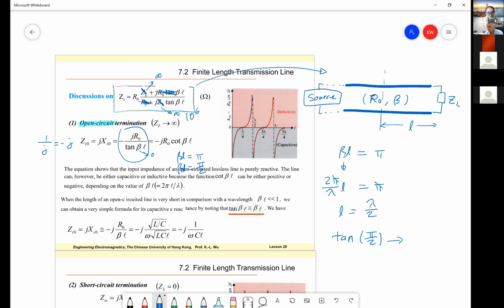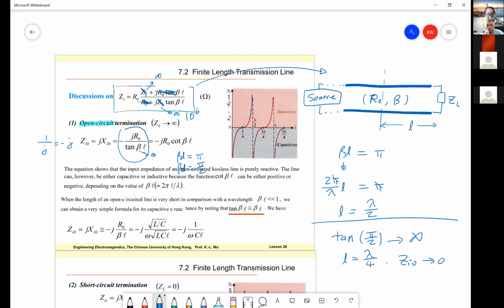This equals infinity, right? So when this goes to infinity, that means L equals lambda divided by 4, and the impedance goes to 0 because this goes to infinity, so this goes to 0.